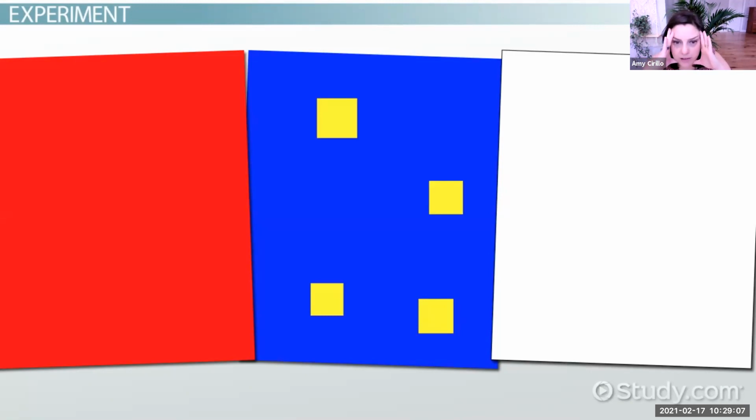We'll probably get some after effects from the red and white too, but let's just stare at this for a while. You stare at it until your eyes kind of hurt, because that means that your cones, the color receptors in your retina, are getting tired.